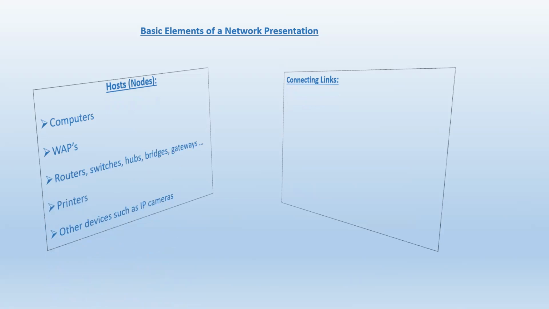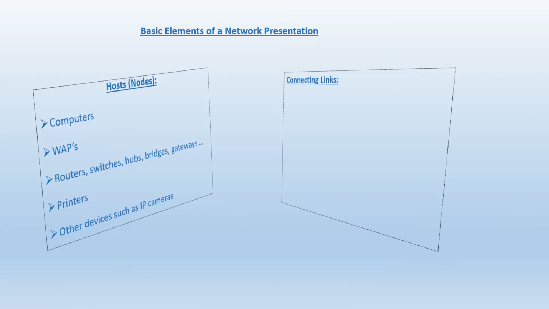Printers and other devices, such as, let's not forget, for example, IP cameras, or, which I didn't write here, VoIP telephone systems, or any kind of smart device that is connected to the network and is communicating in one way or another within the network that it's connected to.